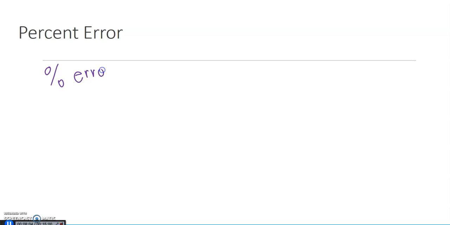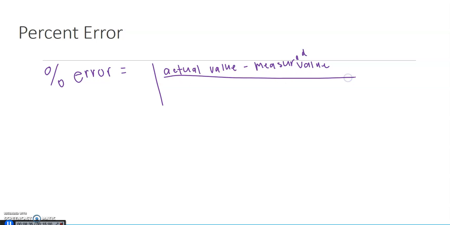Percent error equals the absolute value of the actual value minus the measured value, over the actual value, times 100.